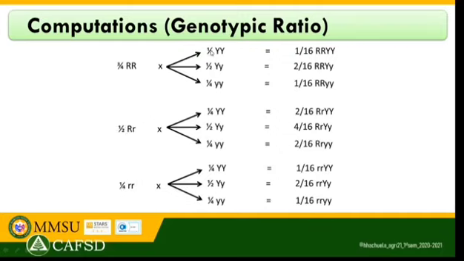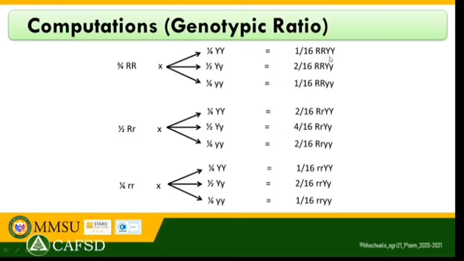And then again, you do the multiplication. You distribute the Y gene. You multiply 1/4 homozygous dominant R by 1/4 homozygous dominant Y. You have 1/16.